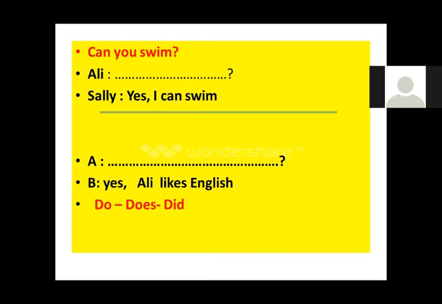This is the present, so we need do or does. In this case, Ali takes does. As we know, do and does plus the infinitive verb. The answer is, does Ali like English? Is it clear?